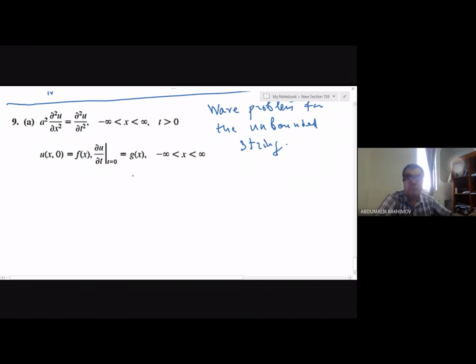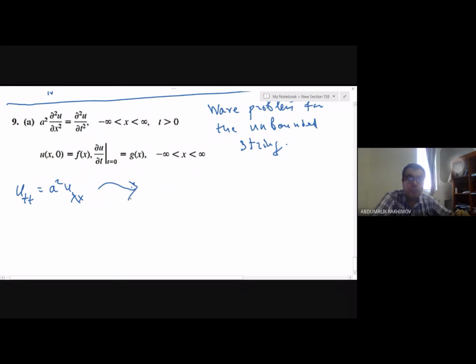So how we solve this? How we proceed with this? First, we needed to transform equation. Equation is UTT is equal a square UXX. This is the equation, right?